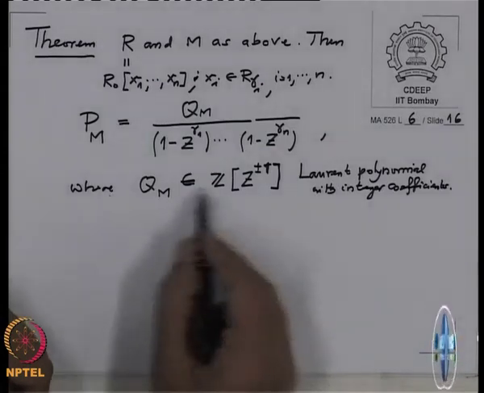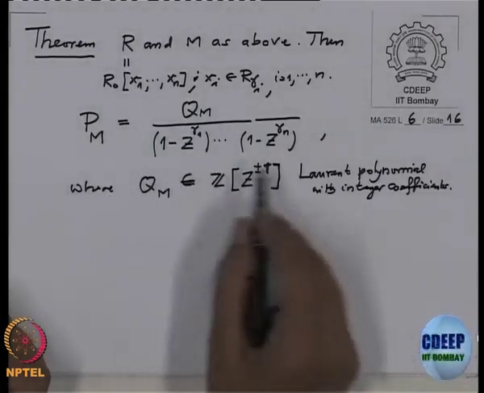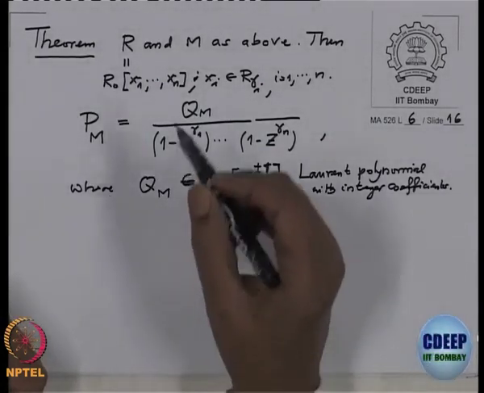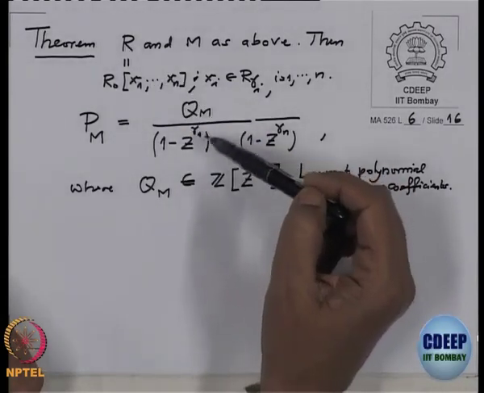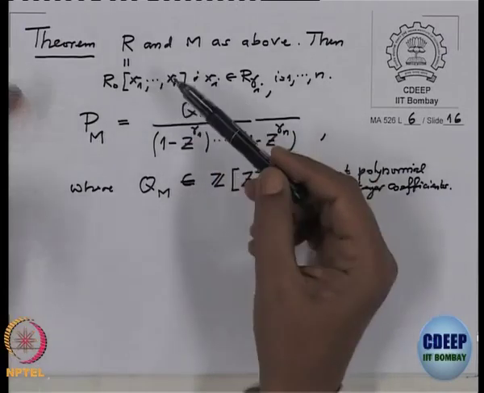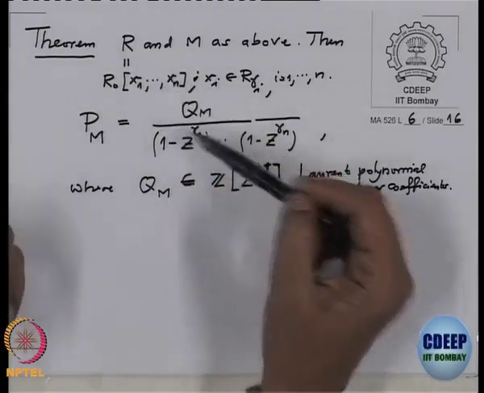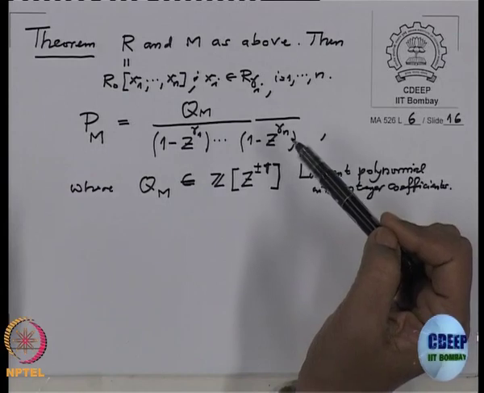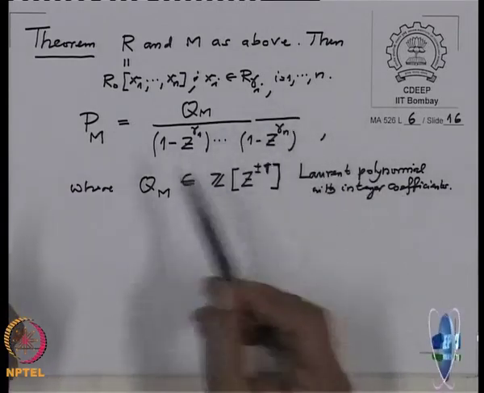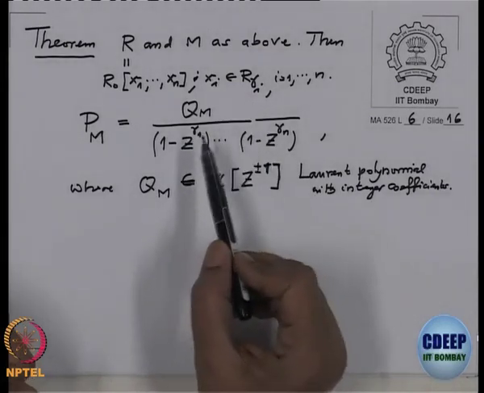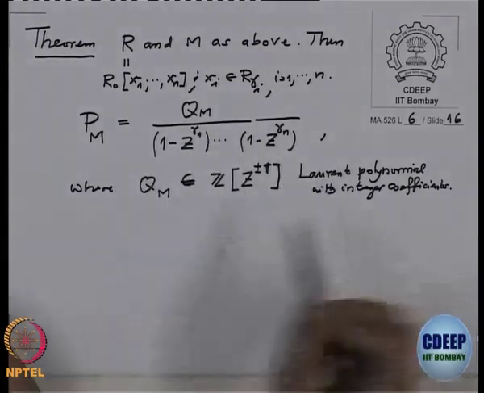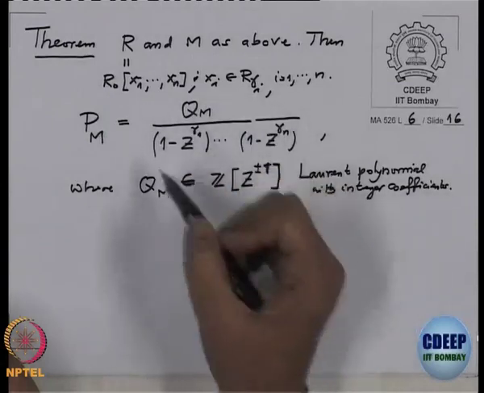And the denominator is nice. So, in particular, for example, when you want to do it for R, and suppose it is your polynomial ring, then all gammas are 1. So, it will be 1 minus z to the power something if all gammas were 1. So, we will prove this next time and deduce consequences from here. So, proof next time.